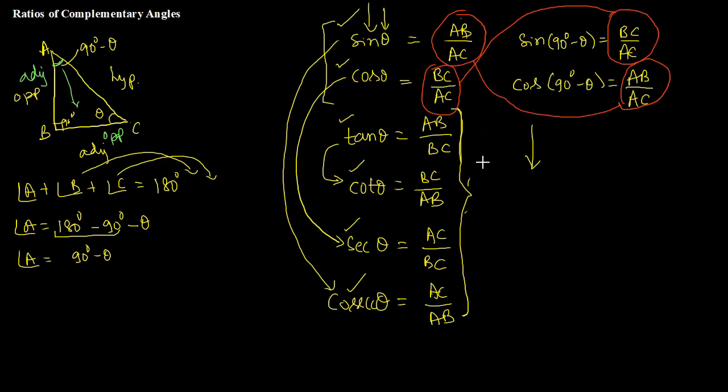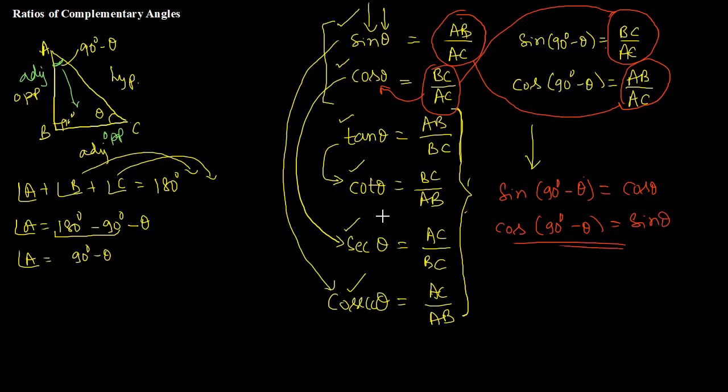These two RHS are equal to one of those. So what can we conclude? Sine of 90 degrees minus theta is equal to this, but that is in turn equal to cos theta. Similarly, cos of 90 minus theta is equal to sin theta.